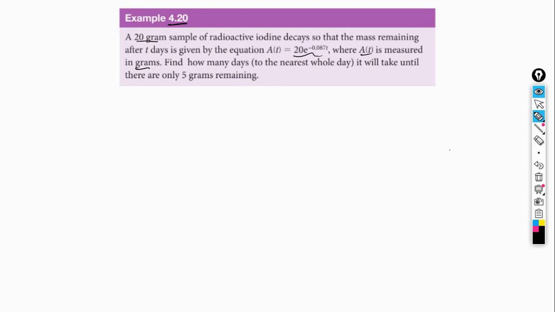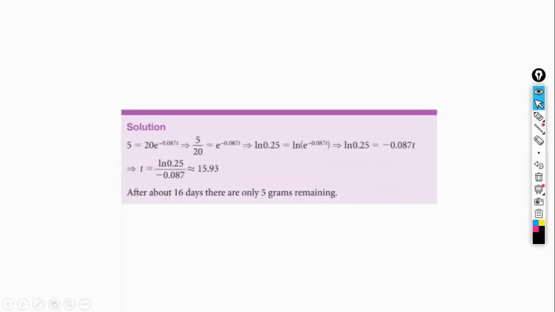Find how many days, to the nearest whole day, it will take until there are only 5 grams remaining. So again, this is a very similar problem to the previous ones. Again, I suggest you pause the video here and solve it on your own. So here is the solution.